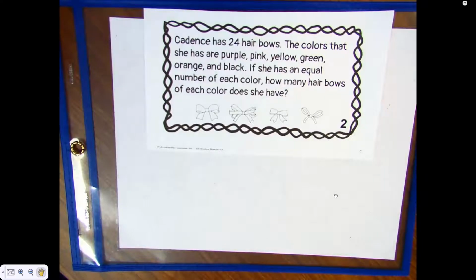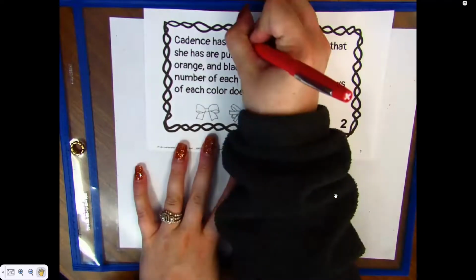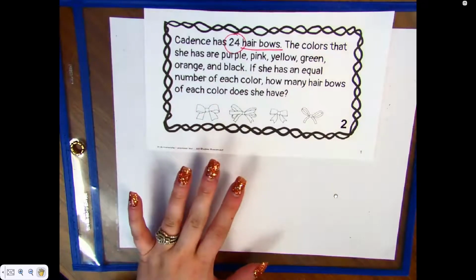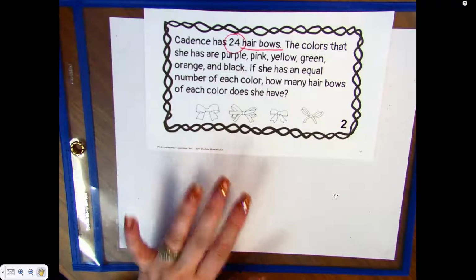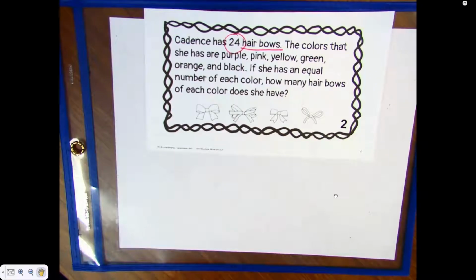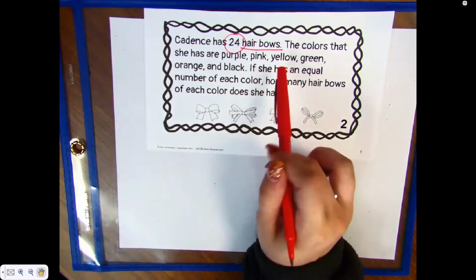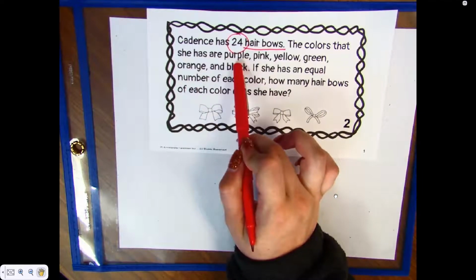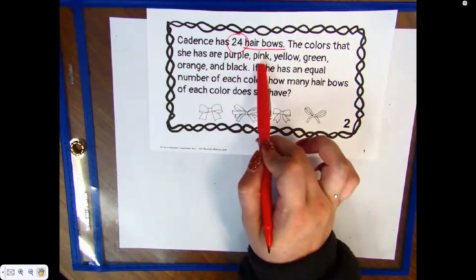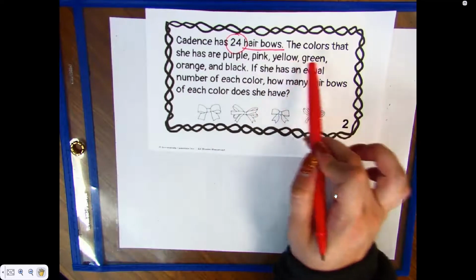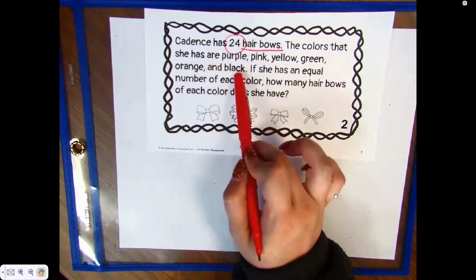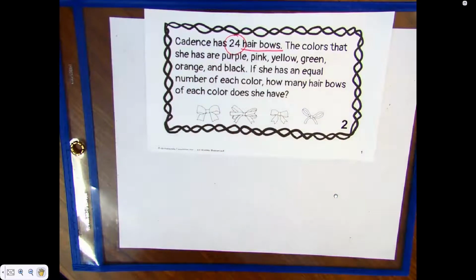So I know my first number I'm looking at is 24 hair bows. Then I need to figure out what I'm going to be dividing by. It says the colors that she has are purple, so that's 1, pink, 2, yellow, 3, green, 4, orange, 5, and black, 6. So I'm looking at 6.